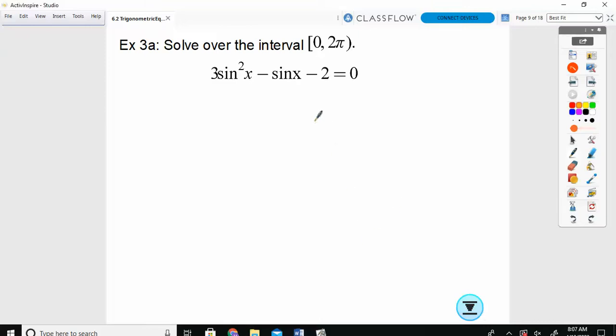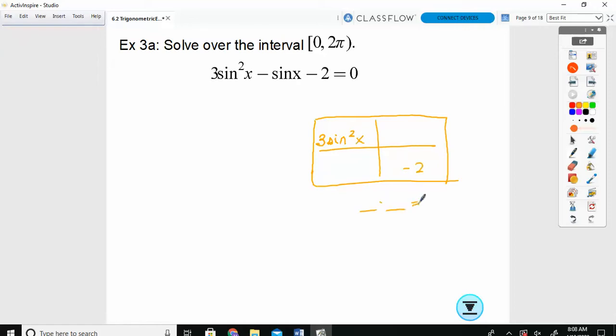Okay, so we did box method back when we were doing proofs. We talked about it with our trig function, so this isn't totally new. This is my greatest sine squared x. This would be -2. So I need two things that multiply to -6, add to -1. Oh, come on, guys.